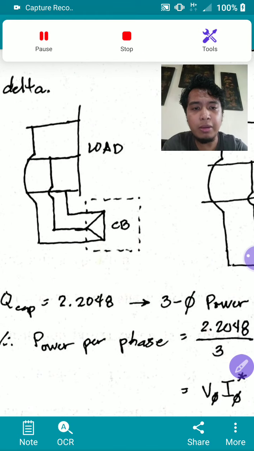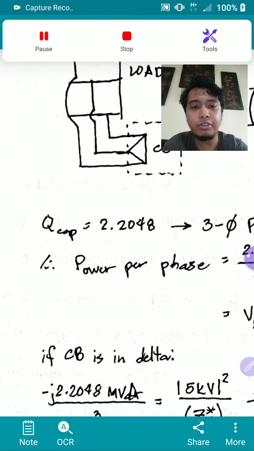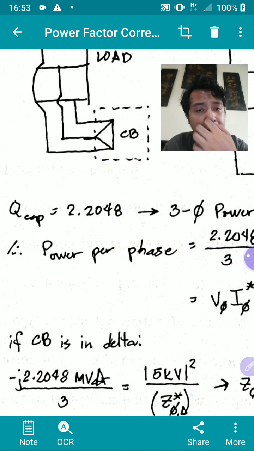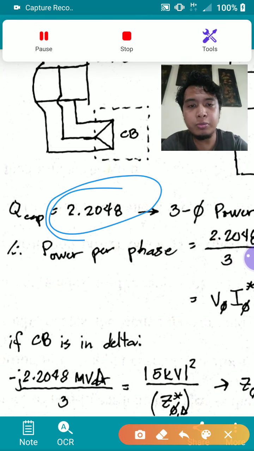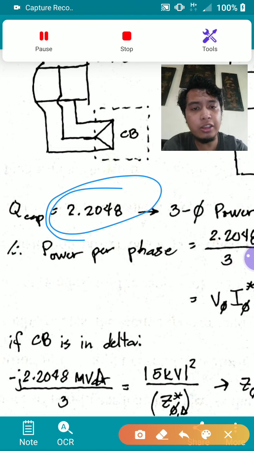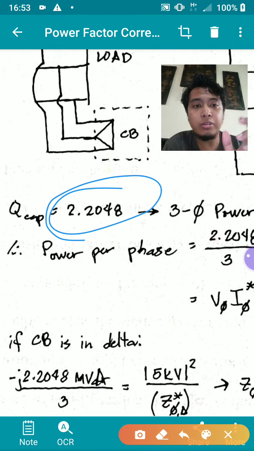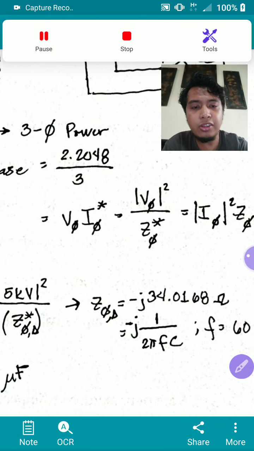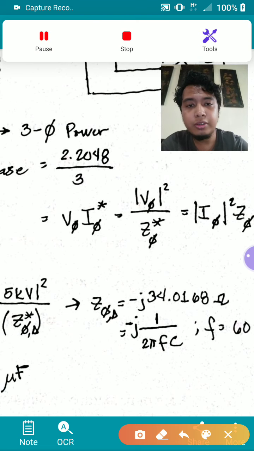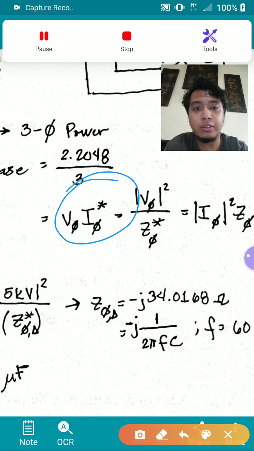So let's talk about the delta one first. If I want a Q capacitor of 2.2 megavar, that 2.2 is actually three-phase power. So the power per phase is actually 2.2 divided by 3. And this is equal to V phase times I phase conjugate.